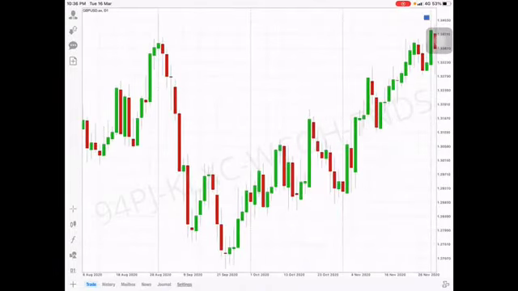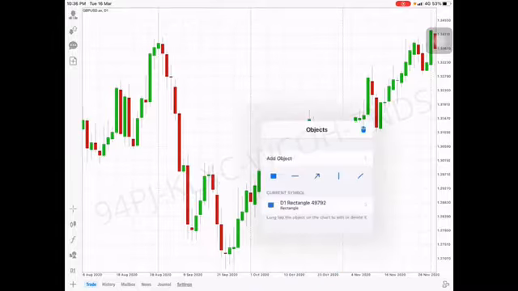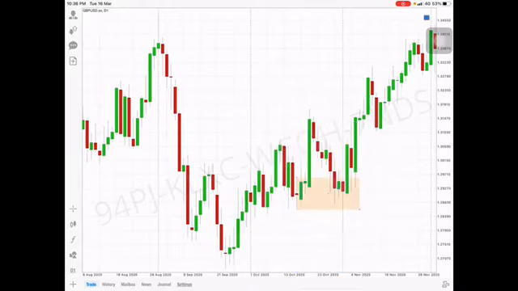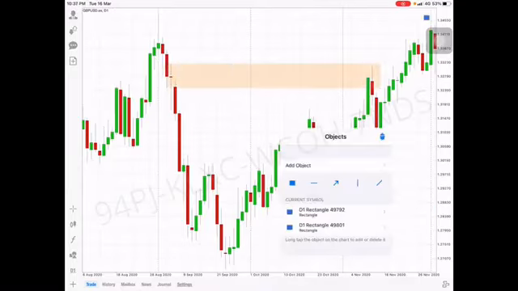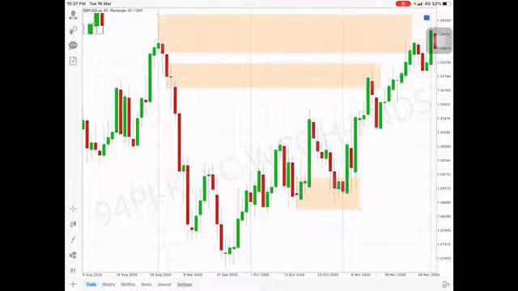Let's say that you've got your entries on this part. You are going to close your position at DOM, which is right here, DOM, or engulfing sell, because we are trading zone to zone.